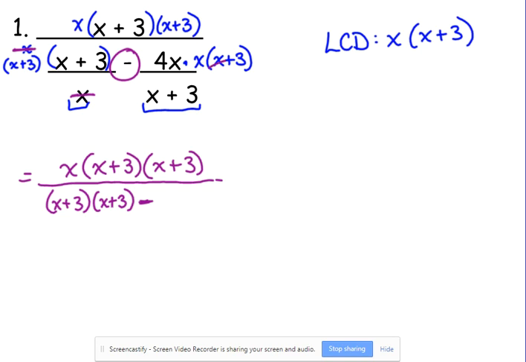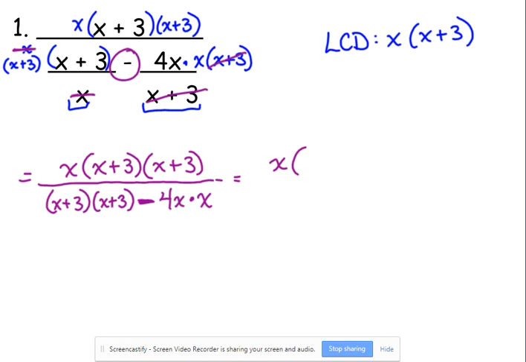In the second part in the denominator, the x plus 3 cancels, so we've got 4x times x. So we have eliminated all the little denominators. Before we can simplify, we've got to simplify that denominator. We cannot cancel those x plus 3's because of the minus sign.